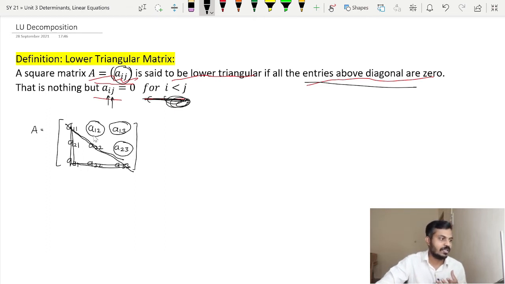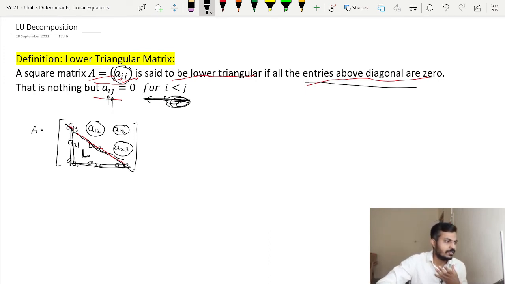So there are two triangles formed by a square matrix. One is upper triangular and one is lower triangular. This is called the lower triangular. And what about the upper triangle? This one, over here, will be called the upper triangle. So this is our lower triangle, and if this triangle is present in a certain matrix, then we call it a lower triangular matrix.